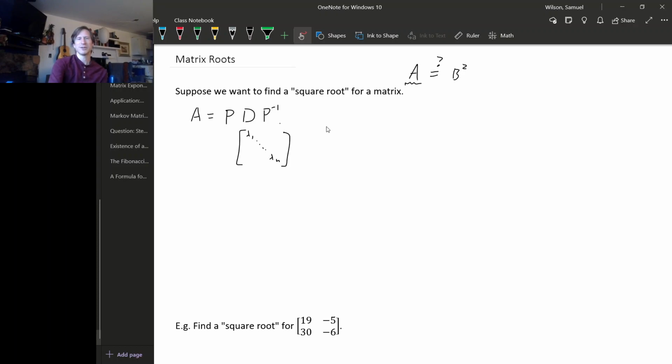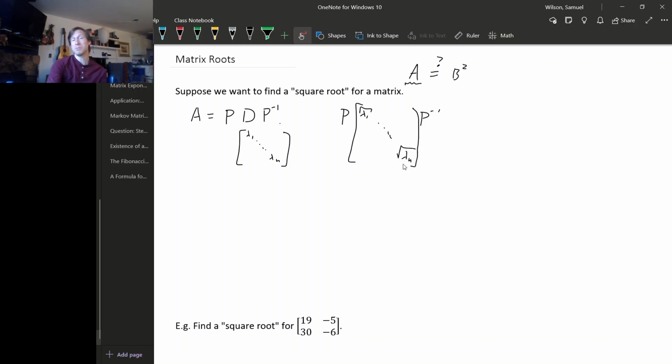So a good guess would be to take the same matrices P and P inverse, but instead of having the eigenvalues down the diagonal, take the square root of the eigenvalues down the diagonal, like this.